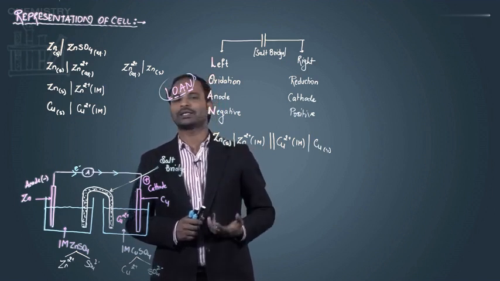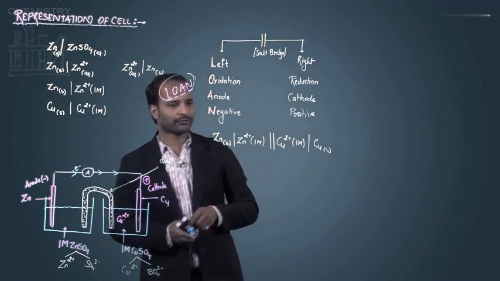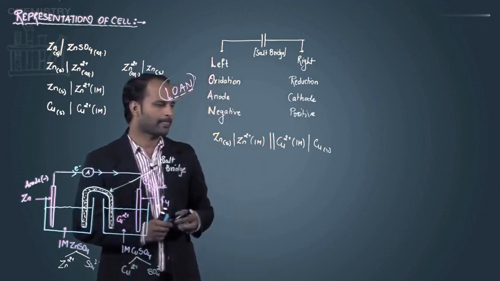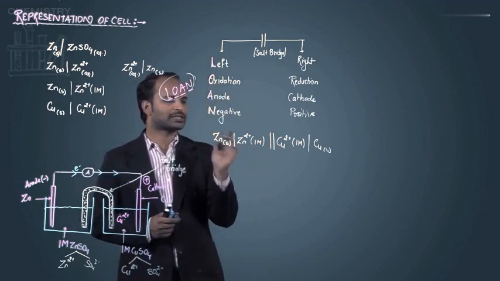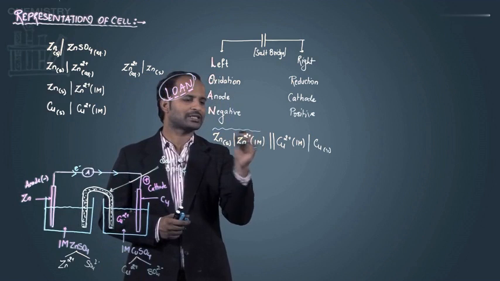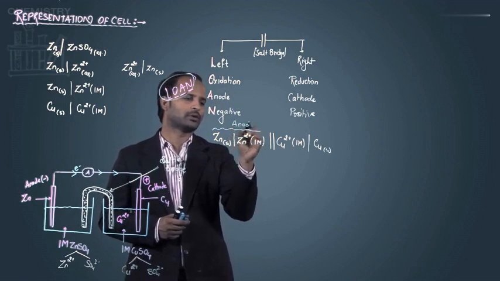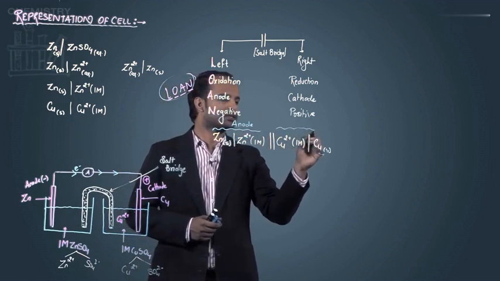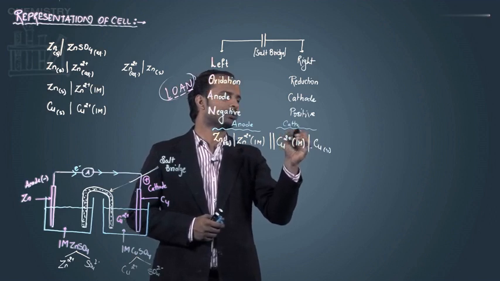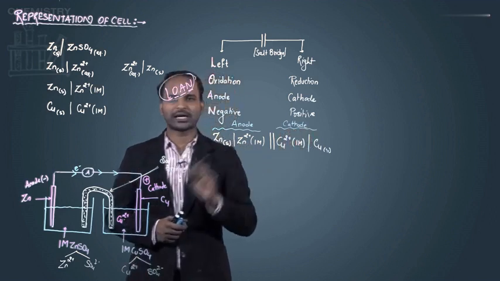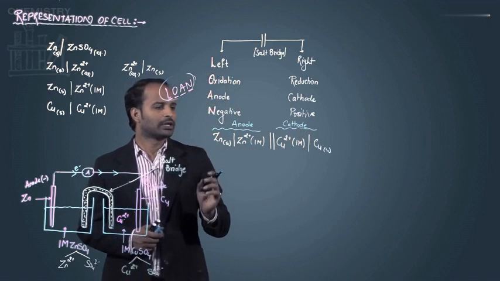Then how to write the reaction now? For writing a reaction, I know the one which is present on the left hand side is acting as an anode, and the one written on the right hand side according to the rule is acting as a cathode. Since it is an anode, it will undergo oxidation.